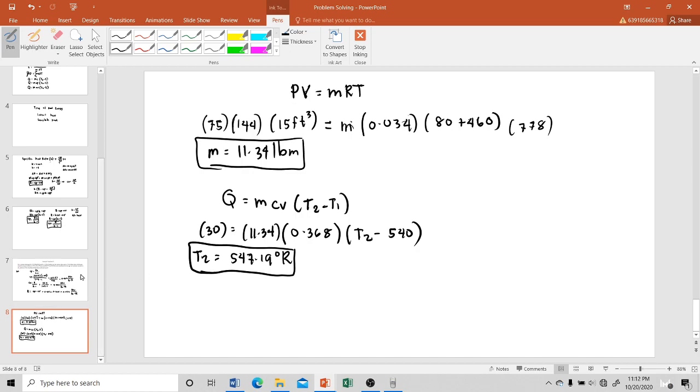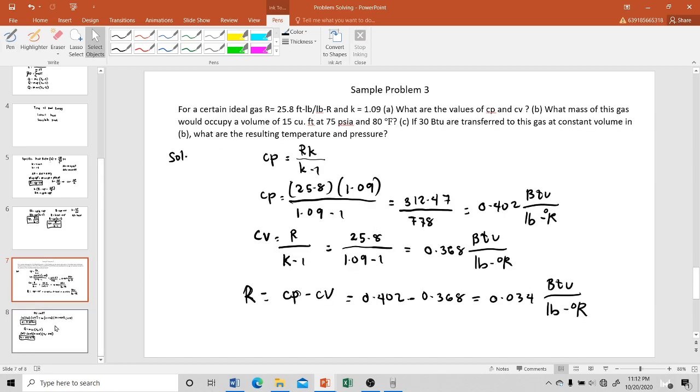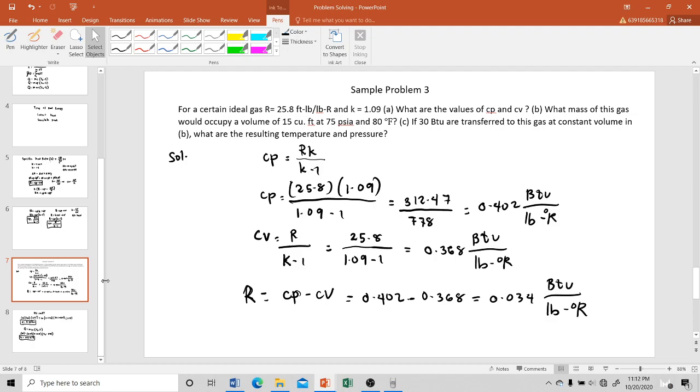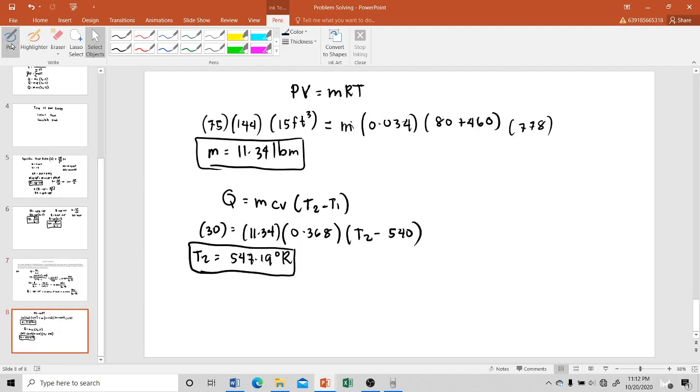So now, let us proceed to pressure. Because the state of the condition is constant volume, we have P1 V1 over T1 is equal to P2 V2 over T2. Since the volume is constant, it cancels out, so we use T2 over T1 equals P2 over P1, which is Gay-Lussac's law.